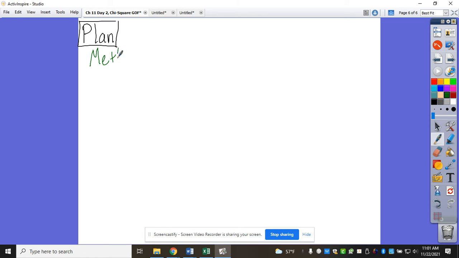What is my method going to be? Chi-squared. And I am totally fine if you just write that. We don't do an interval for this, but I like writing tests because it's reminding you that it's a test. And we've already seen where that's in the calculator.